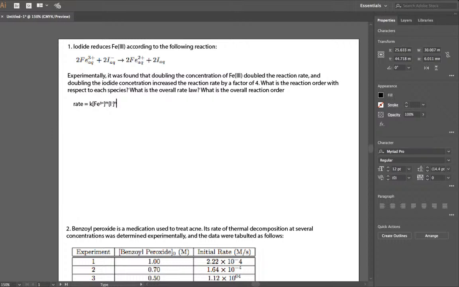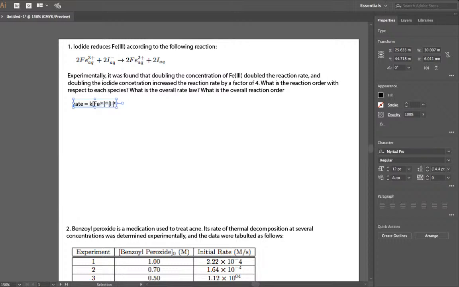There we go. So that is the formula to find the reaction rate. And this k here is a constant.